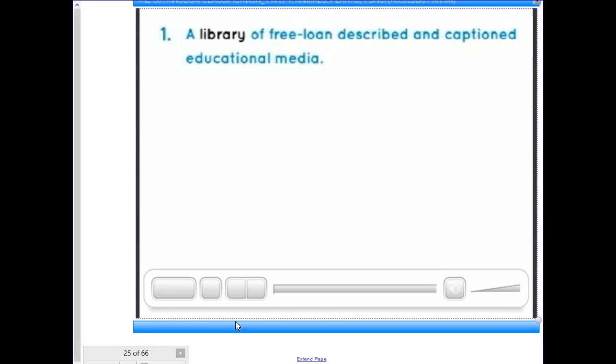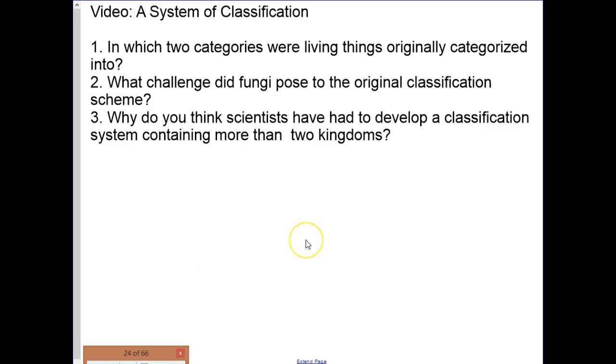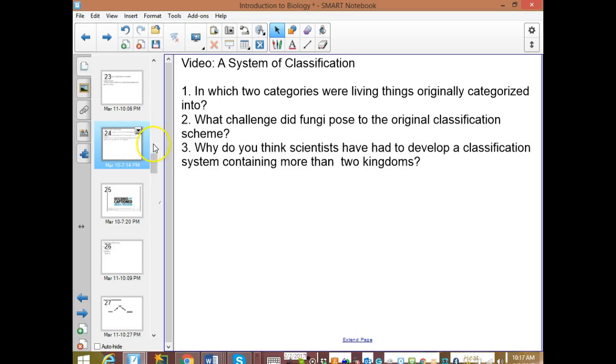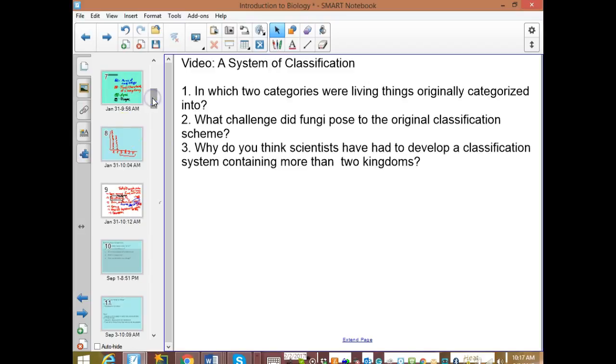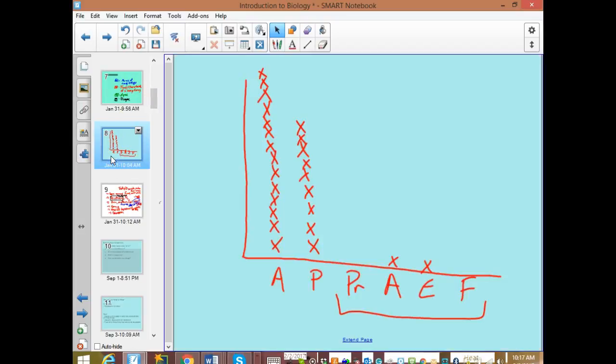So, if you take a look at the questions here, the original categories included plants and animals. Think about a couple of days ago when I asked you to do a free write about living things, and we actually kept track of the categories of living things that were represented in our pyramids.